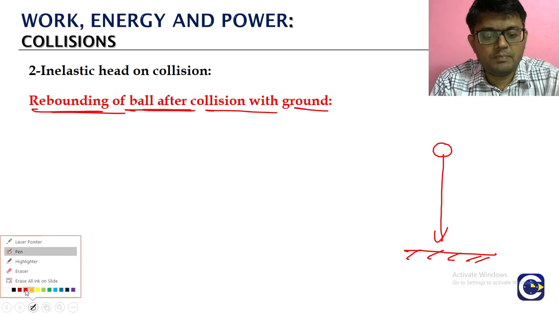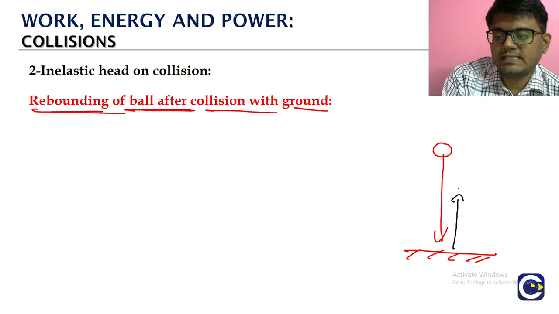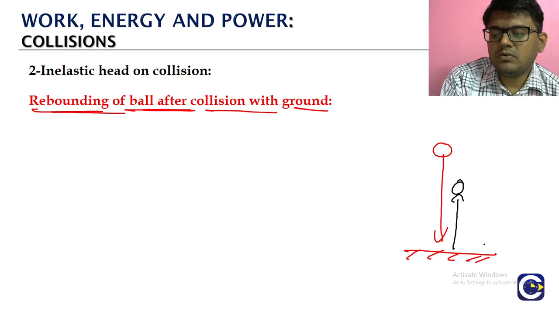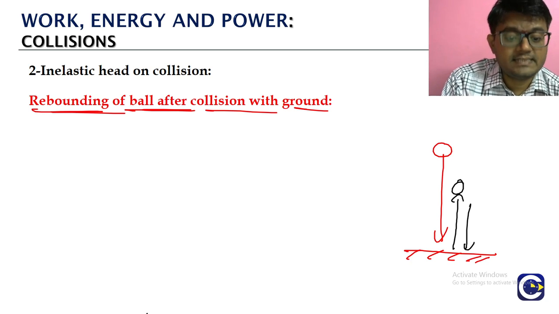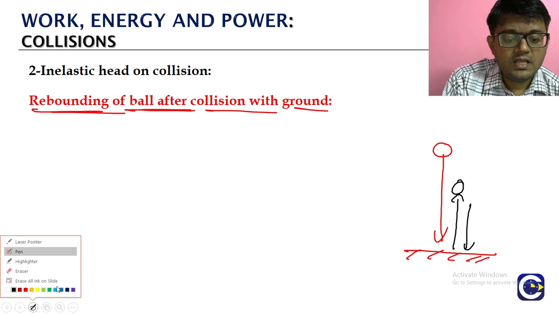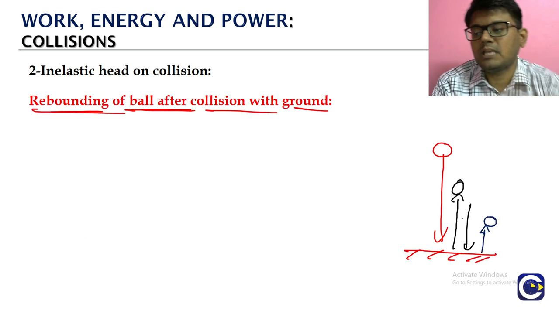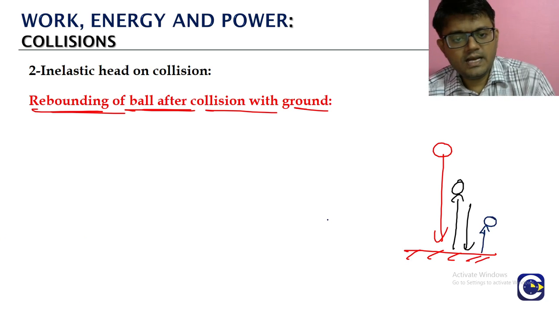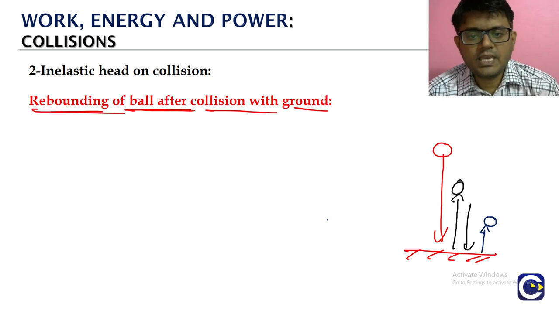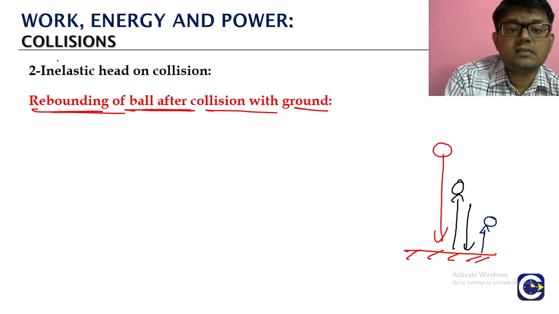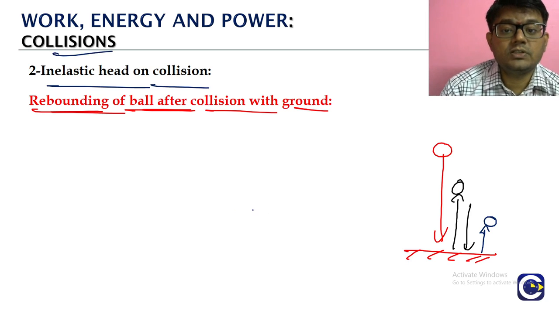So நீங்க ஒரு ball drop பண்ணா what you are going to observe, the first collision க்கு அப்புறம் it will come to only some lesser height, அதுக்கு அப்புறம் it will go down, திருப்பி second collision க்கு அப்புறம் it will come to even lesser height. அப்படியே அந்த height decrease ஆயிட்டே போகும், the height to which it will come keeps decreasing. Okay, and after some time we will see almost the bouncing will become negligible. Okay, so this is the case of the inelastic head on collision.